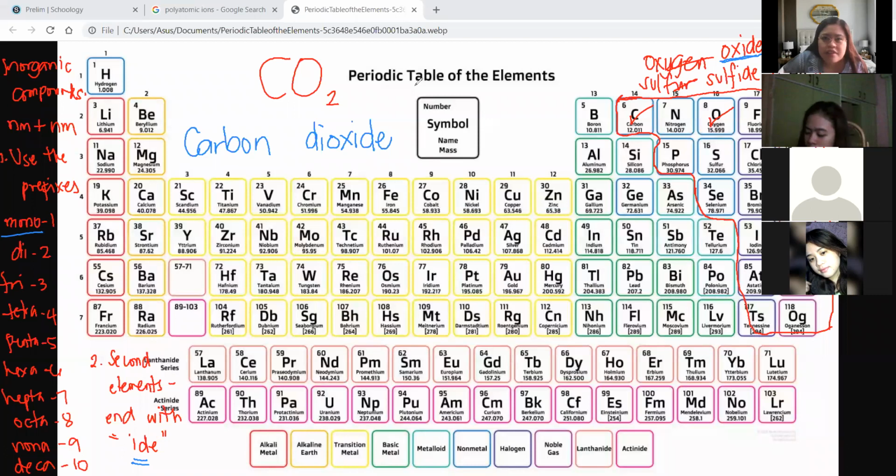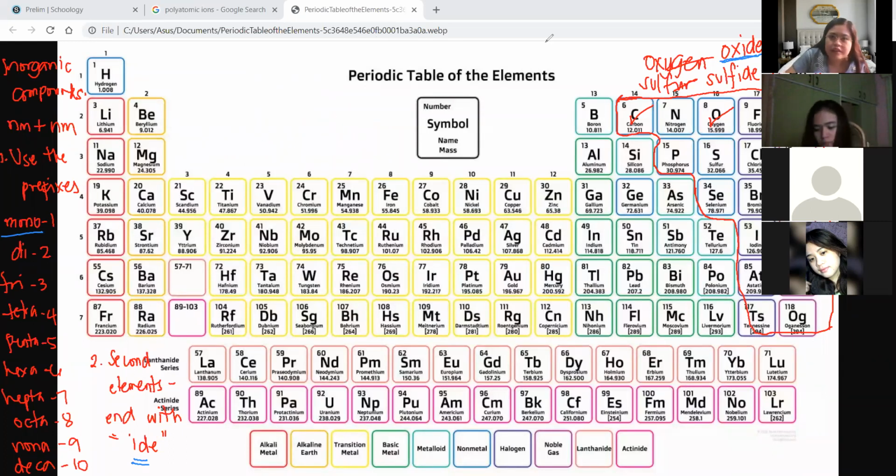So, hatagan ta mog example nga dili isa lang ang atom diri sa first nga element. Example, we have here N2O3. Sample kani, N2O3. So the first element now is 2 atoms.